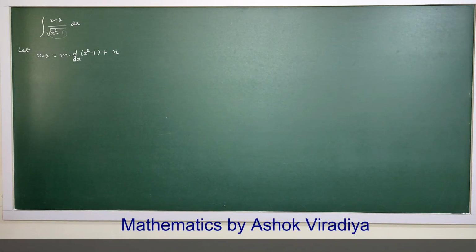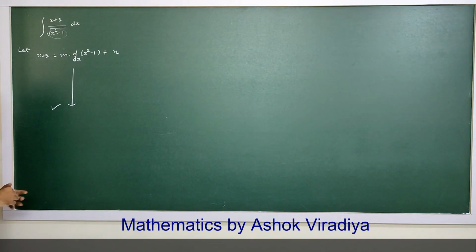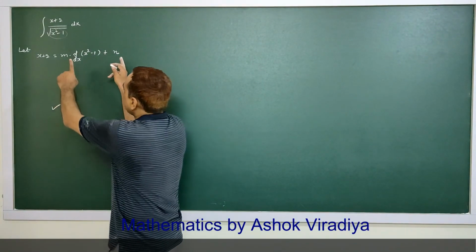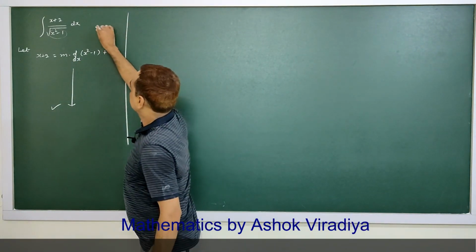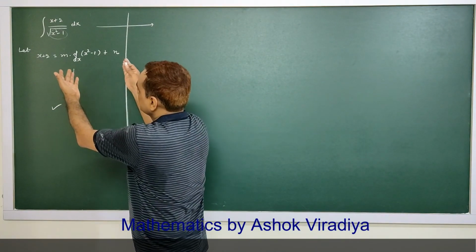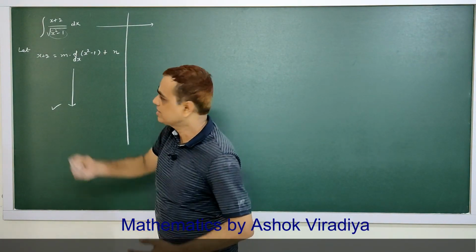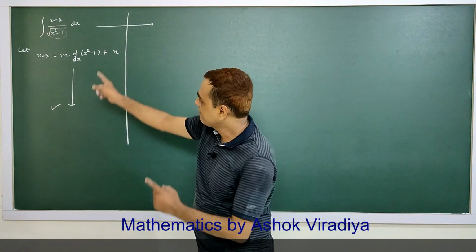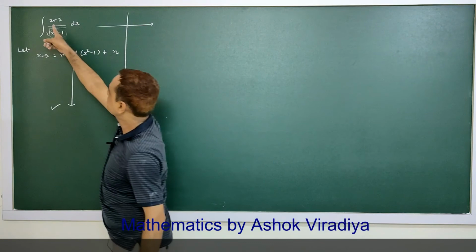Beginning by this method, you can finish it, but sometimes without taking help of m and n, you can do it directly. Sometimes there is no need to use this expression, you can determine it from observation. See, this is very simple. Now see, what is its derivative? The derivative of x square minus 1 is 2x, and here x is given.